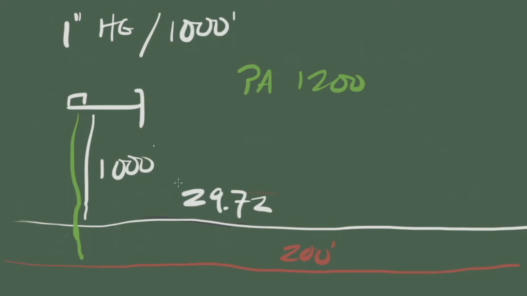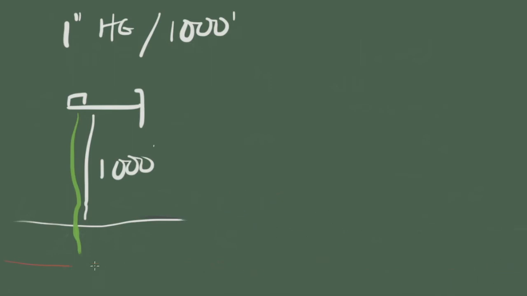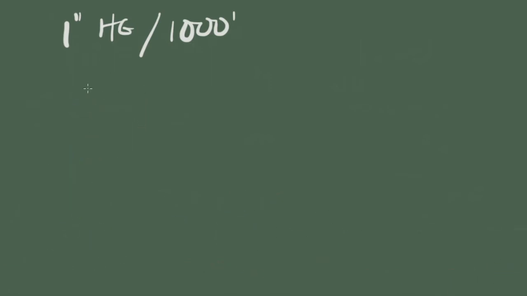One other note that oftentimes confuses people relates to mountain flying, or going anywhere above sea level. Let's say we're going to an airport way up in the mountains, at 6,000 feet, and we departed down here at sea level.